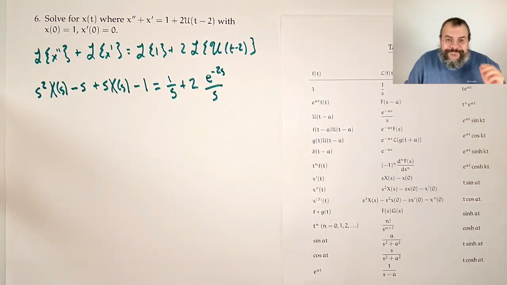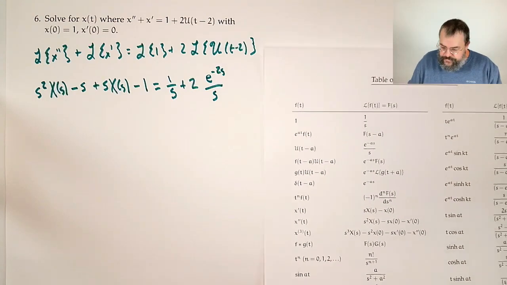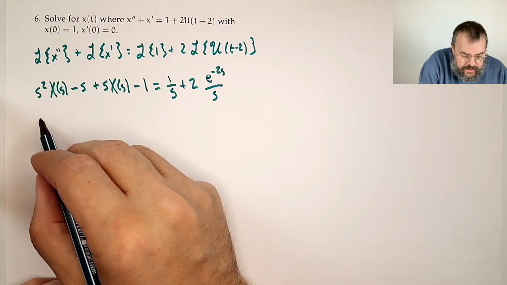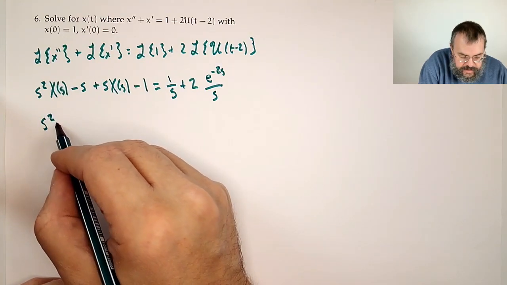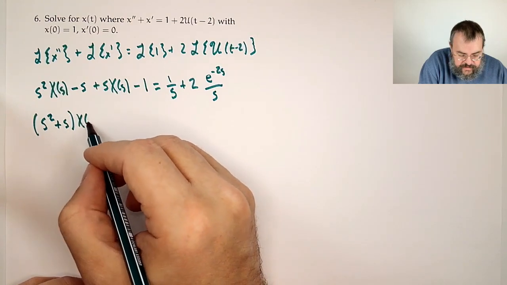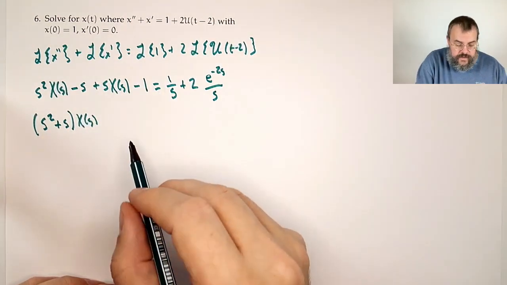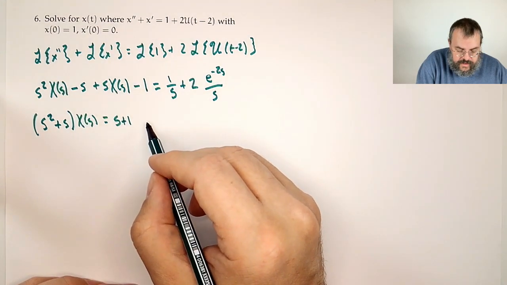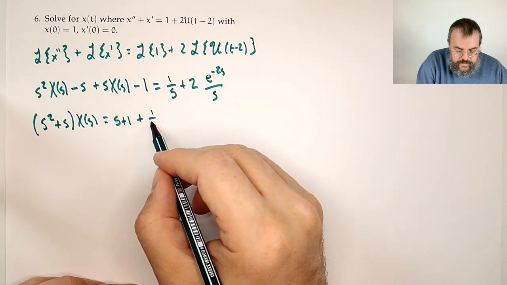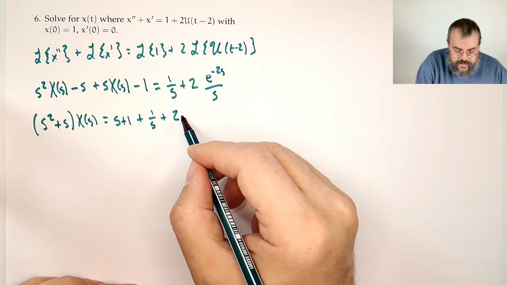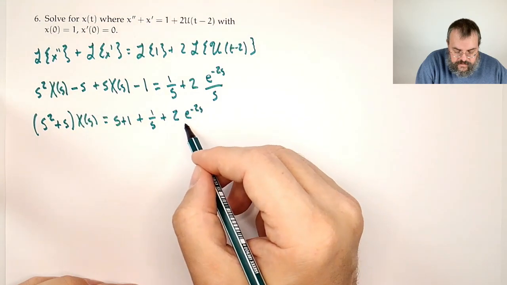All right. So there we go. So now we start working the problem. We'll have s squared plus s times x of s, and we'll move the rest of it to the other side. That's s plus 1 plus 1 over s plus 2 e to the minus 2s over s.